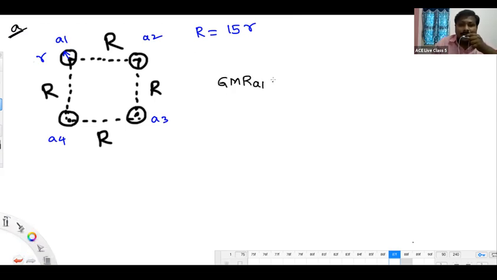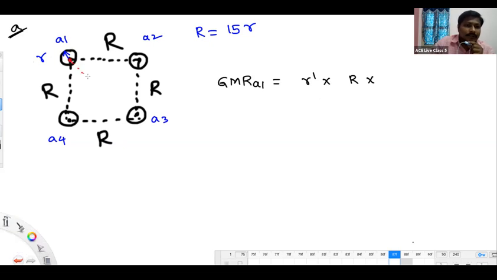Very simple to write. Just listen to me. We take the self term of A1, then the distances from A1 to A2, A1 to A3, and A1 to A4. Self of A1 is r dash, A1 to A2 is capital R. A1 to A3, how much distance do you have?